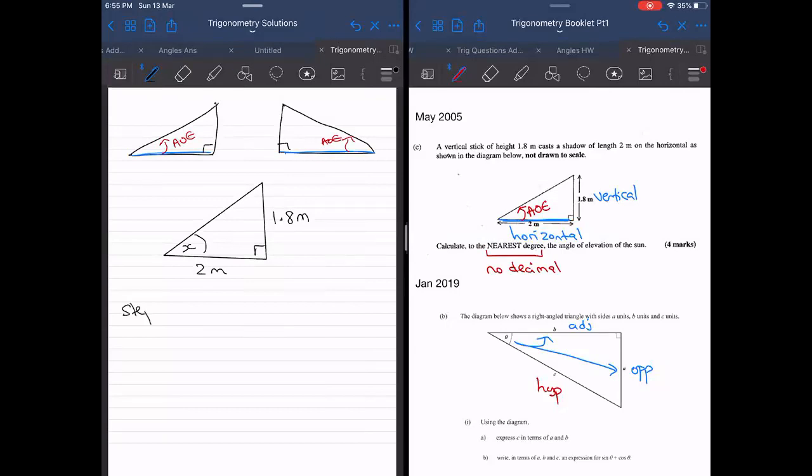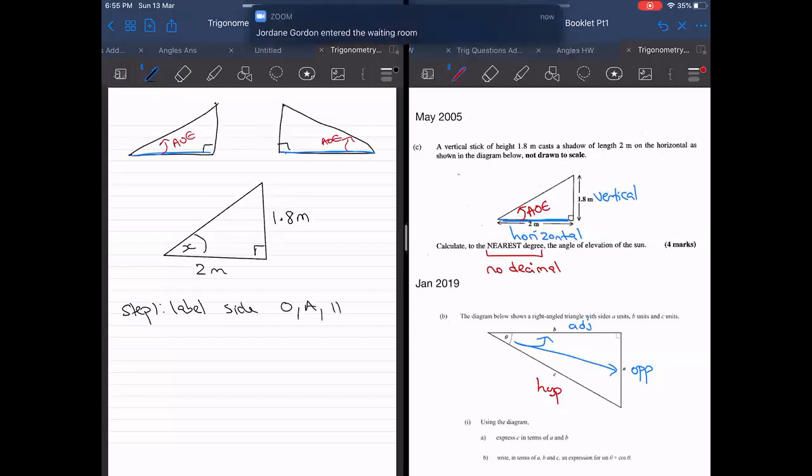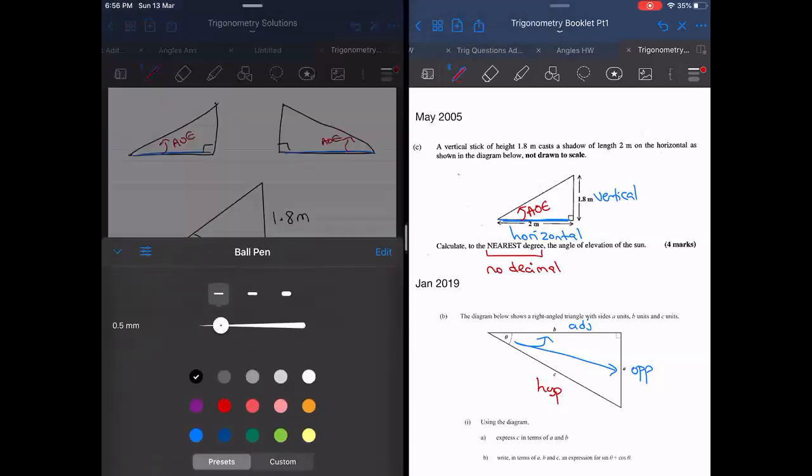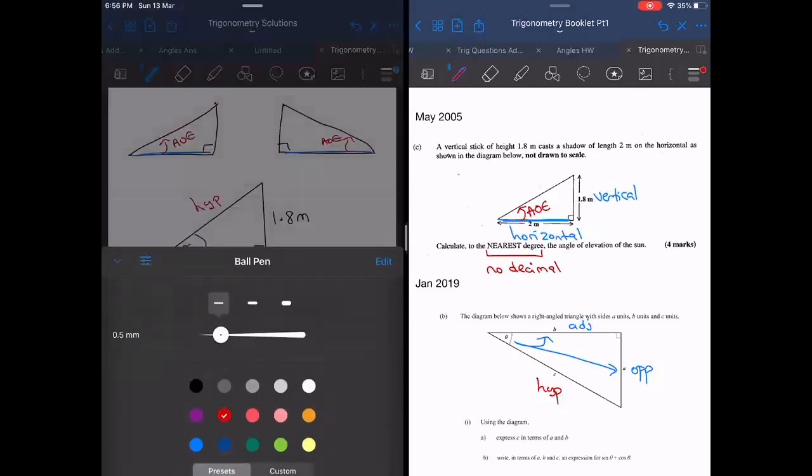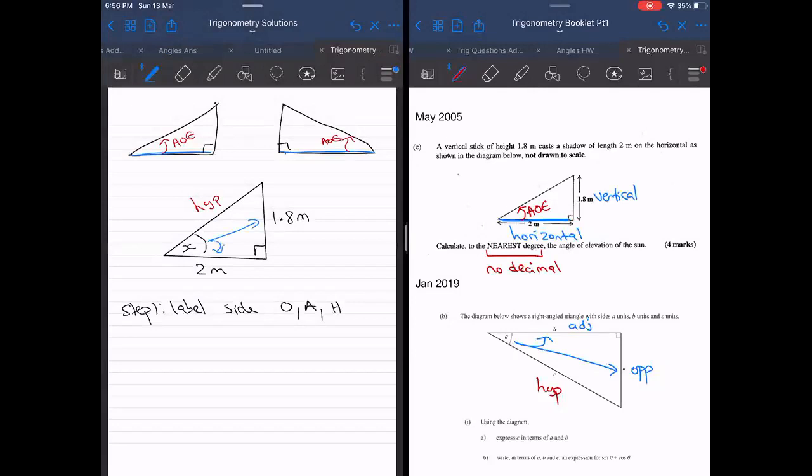Step 1, you want to label the sides O, A, and H. All right, so this is the hypotenuse, and we have our 2 sides. This is the adjacent. This is the opposite.